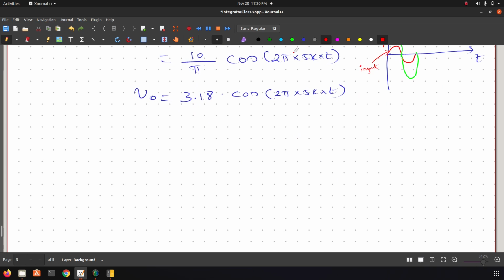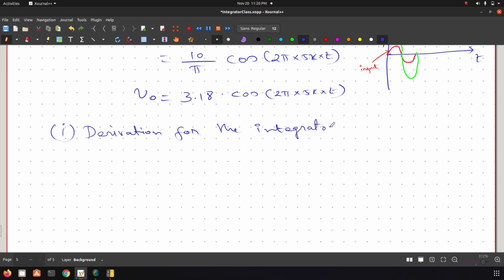Let me recap once again. From the examination point of view, you have to know the derivation for the integrator, and you have to use the integrator circuit with the RF.